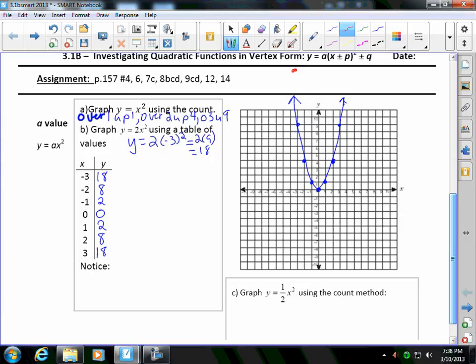Negative 2 and 8 puts me here. Negative 1 and 2. And then we were at 0, 0. And then over on the right side, 1 and 2, 2 and 8, and then again, 3 and 18, which we'll set up there. So you join your dots.